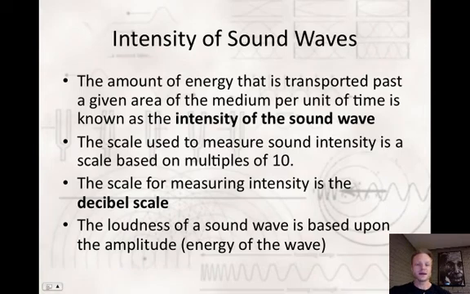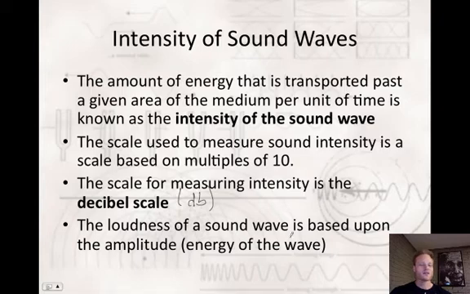The intensity of a sound wave is basically measuring the amount of energy that is transported past a given area of the medium per unit of time. That is going to be measured on the decibel scale, typically shown as dB, and it's based on multiples of 10. You may ask yourself, what is the loudness of a sound wave based upon?